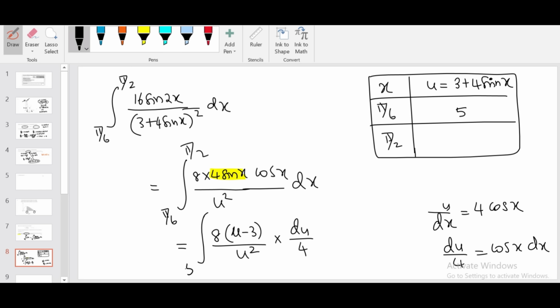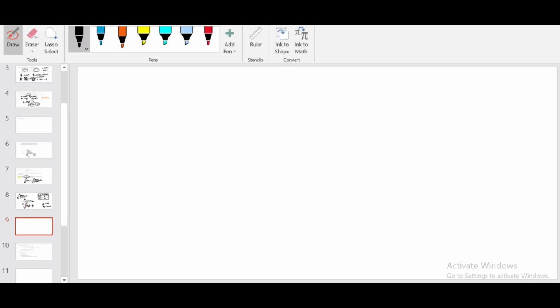That's the lower limit. Upper limit now: sine pi over 2 is 1, so you will get 7. So the upper limit is 7. Now we need to integrate this. I can cancel this, I'll get 2. So all I have is the integral from 5 to 7.